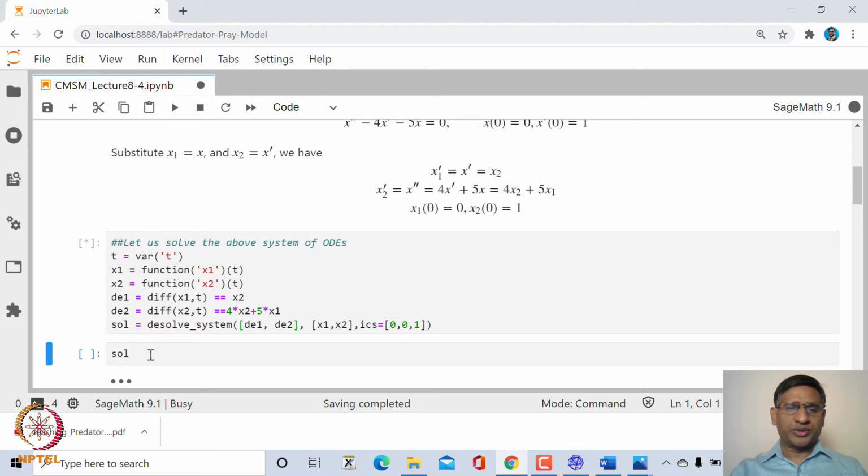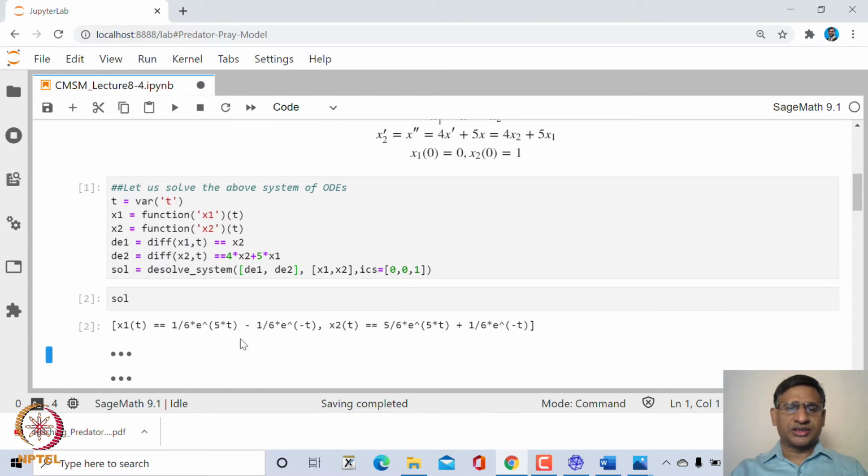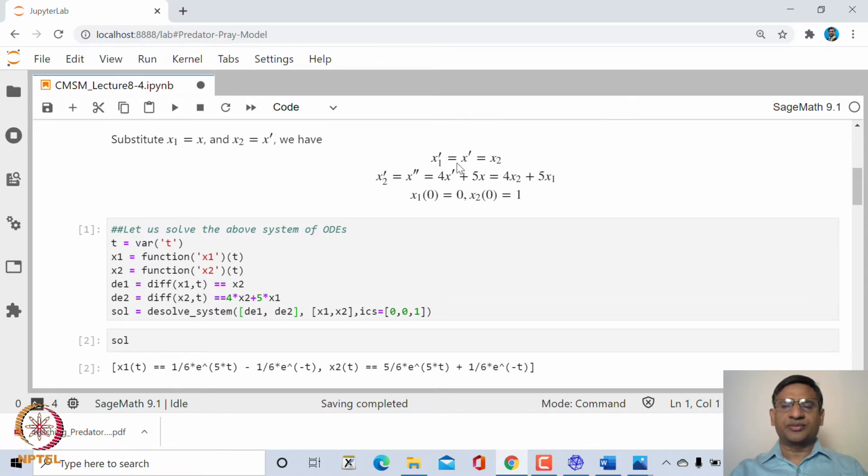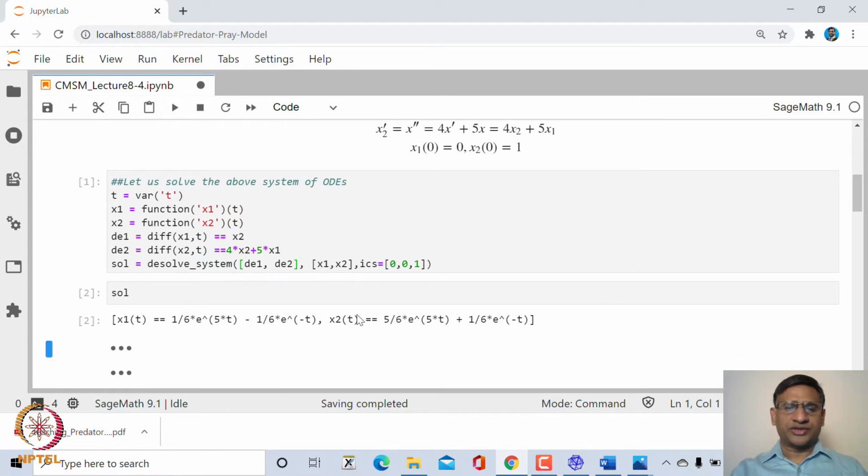So, if we try to print the solution we have obtained, just a second, it is taking a little bit of time. Yeah, it has come. So, x1(t) is equal to 1 by 6 e to the power 5t minus 1 by 6 e to the power minus t. So, this is the solution of this system of first order linear differential equations.